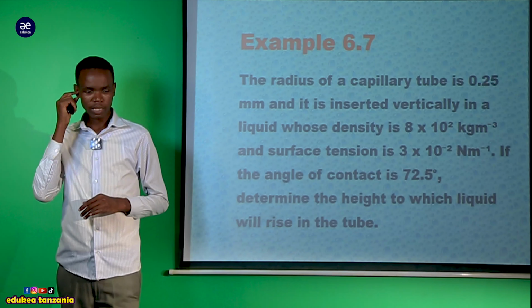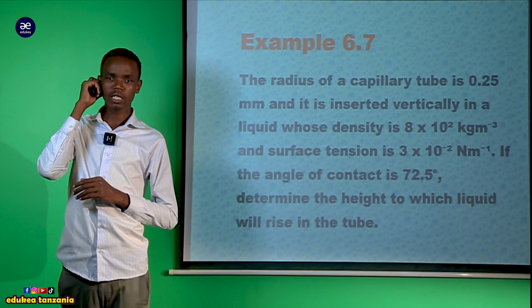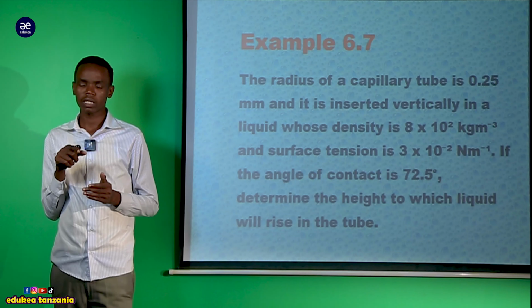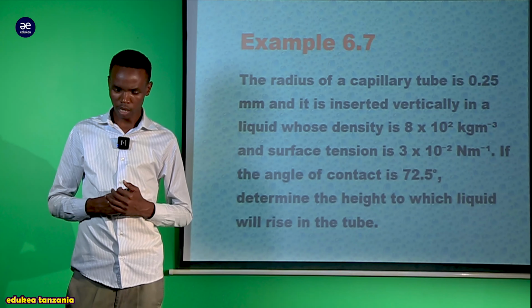The first formula said that for the concave meniscus, we obtain the height of the tube, which is equal to 2 times the surface tension times the cosine theta, divided by the density times g times r. That is what we demonstrated on the last session.